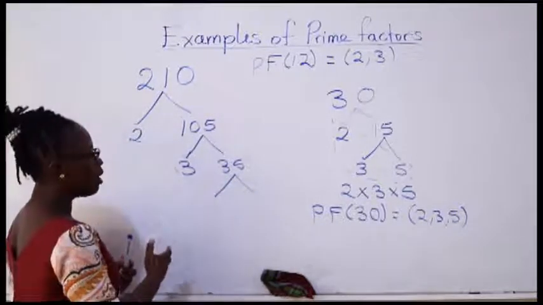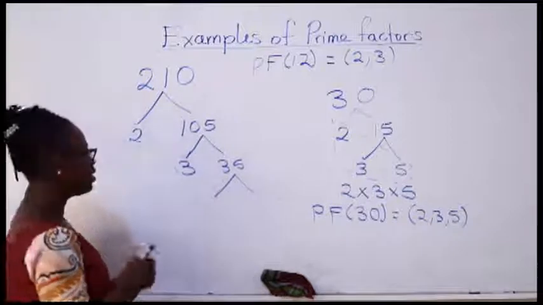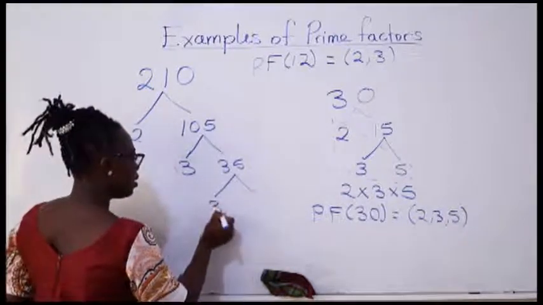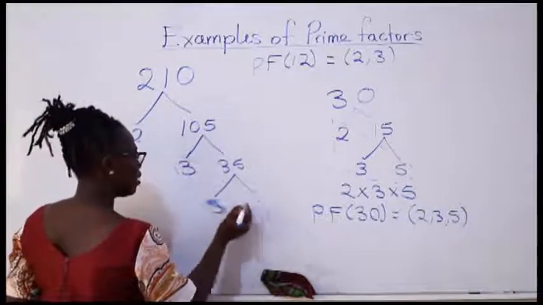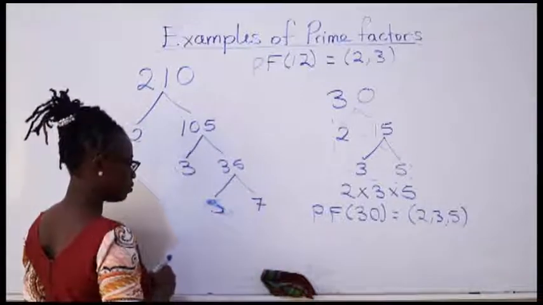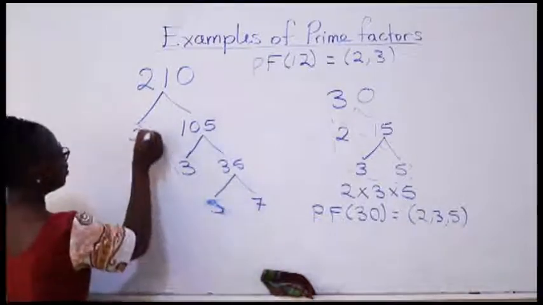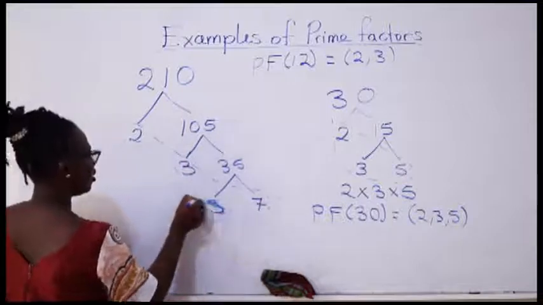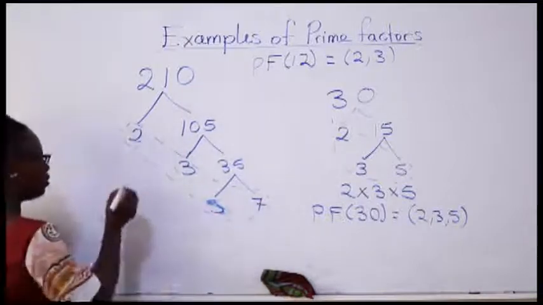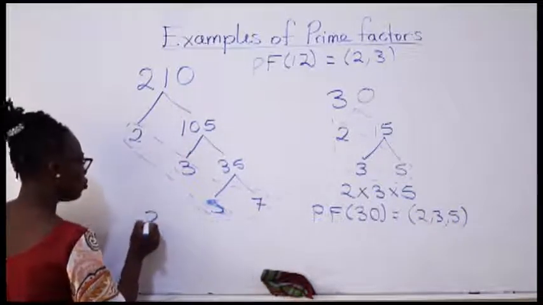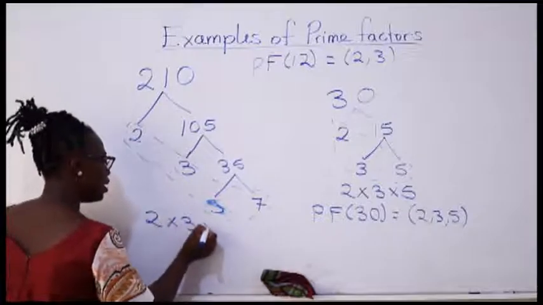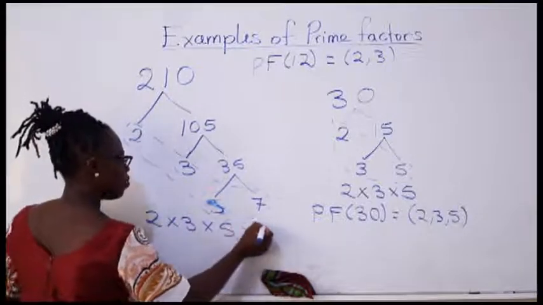The next prime number is 5. Let's divide and you have 3, you have 5, and 7. So this is my tree, if you know the factor tree. I have 2 times 3 times 5 times 7.